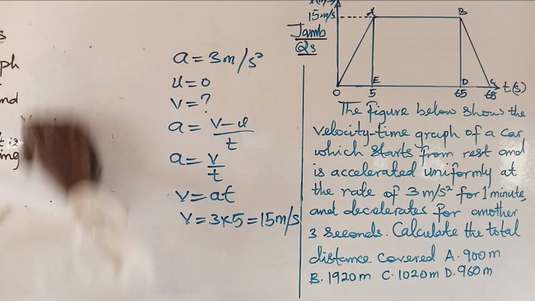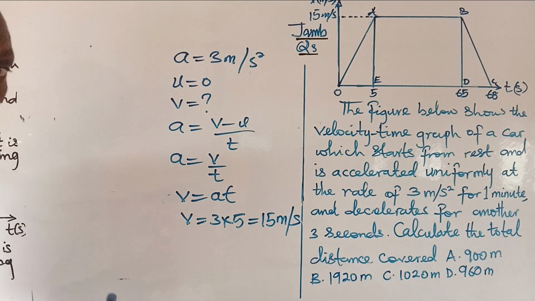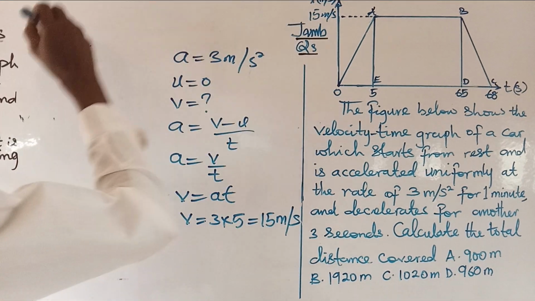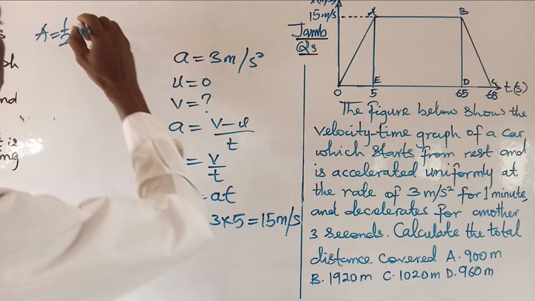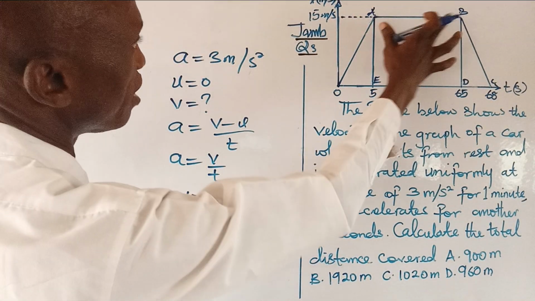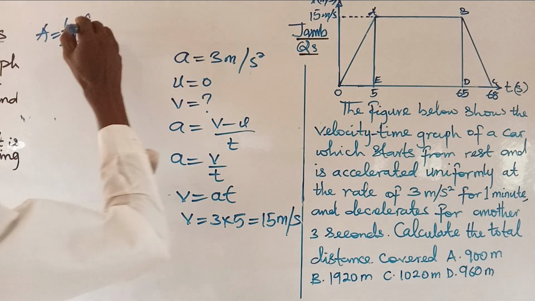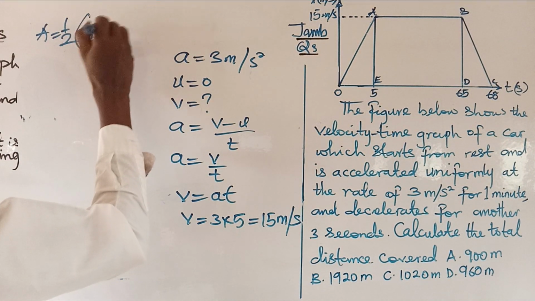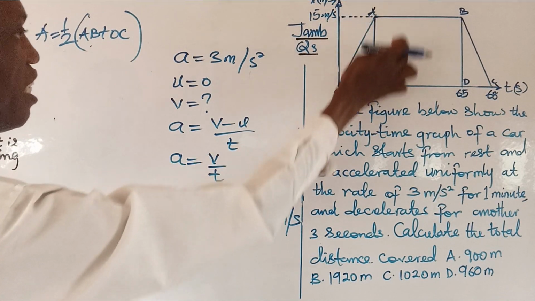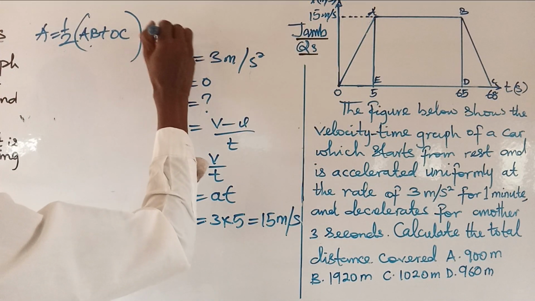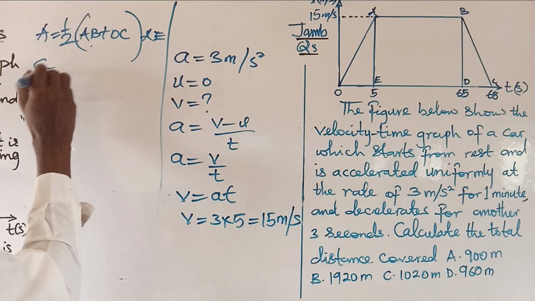As I said earlier, the total distance is equal to the area of the graph. The area of the graph is half into bracket the line AB plus the line OC, multiplied by the height, which is equal to the total distance.